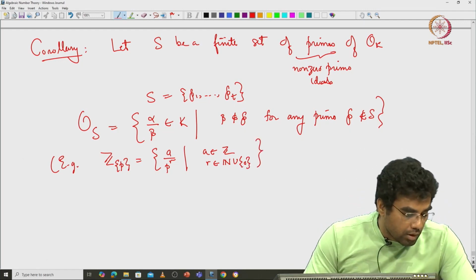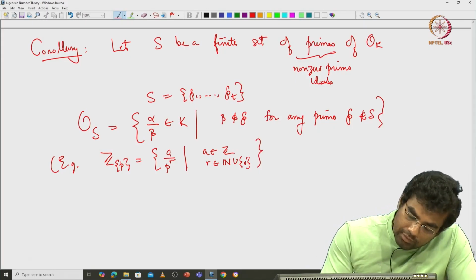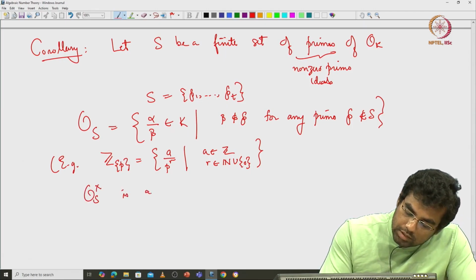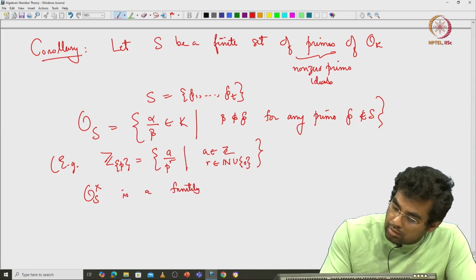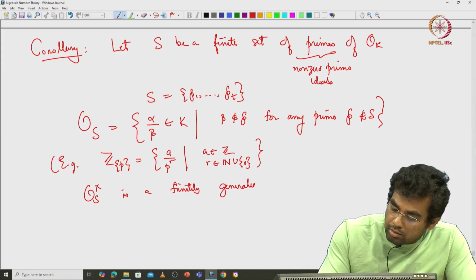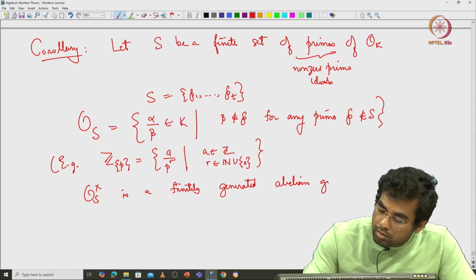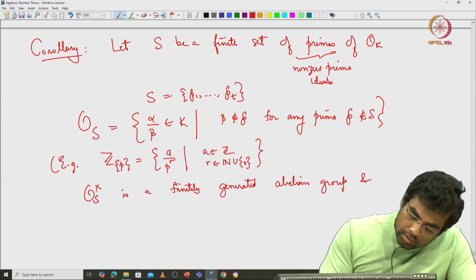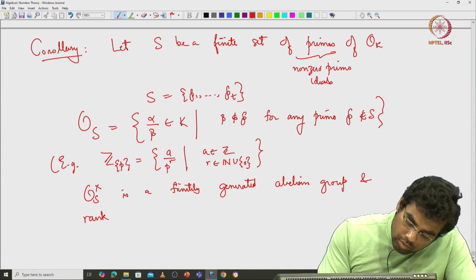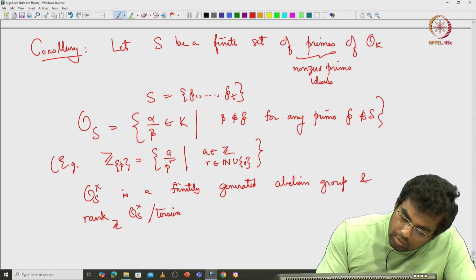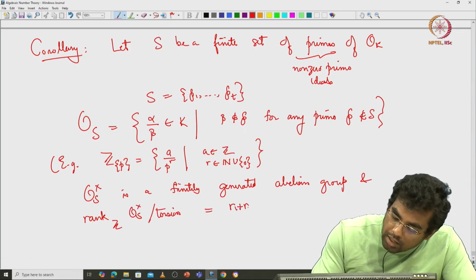So the corollary of Dirichlet's unit theorem is the following. O_S^× is a finitely generated abelian group, and the rank over Z of O_S^× modulo its torsion is equal to R1 + R2 − 1 + t.